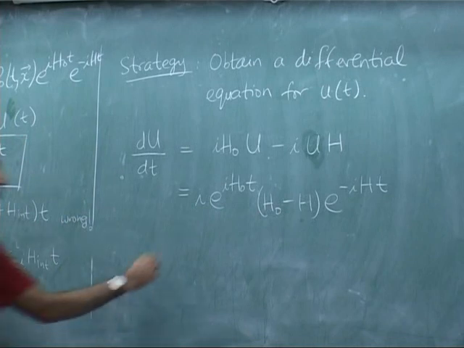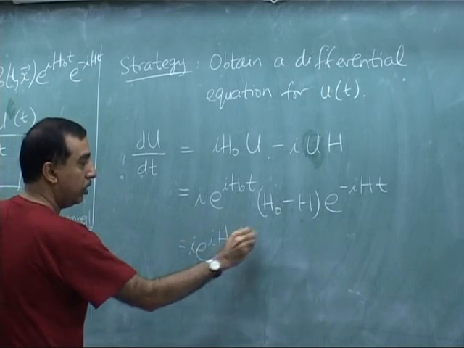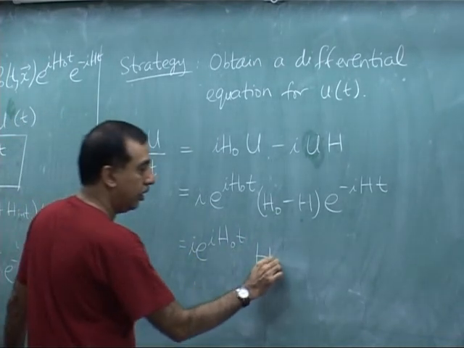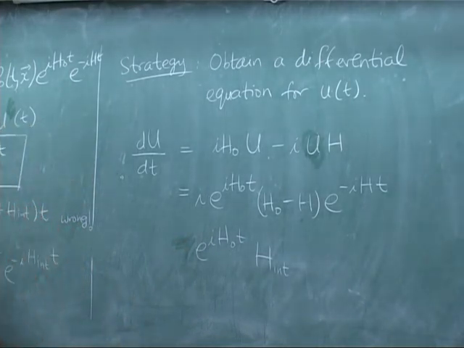Now, I've got something that I like, because this quantity in the middle has a name. What is it? This is H interaction, or minus of it. So let me check my signs carefully. Yes, it's a minus of H interaction.